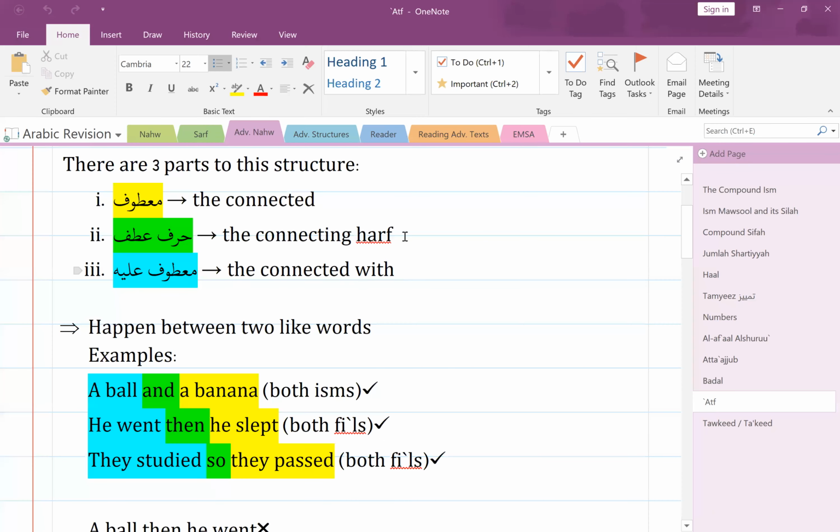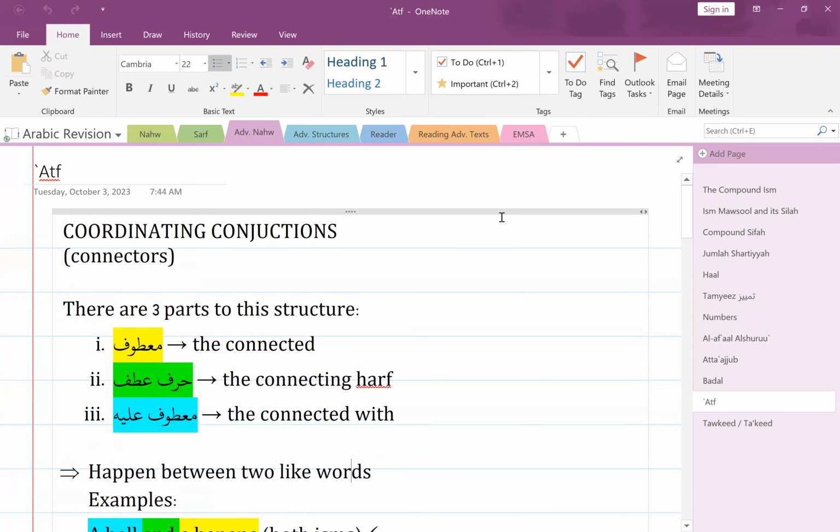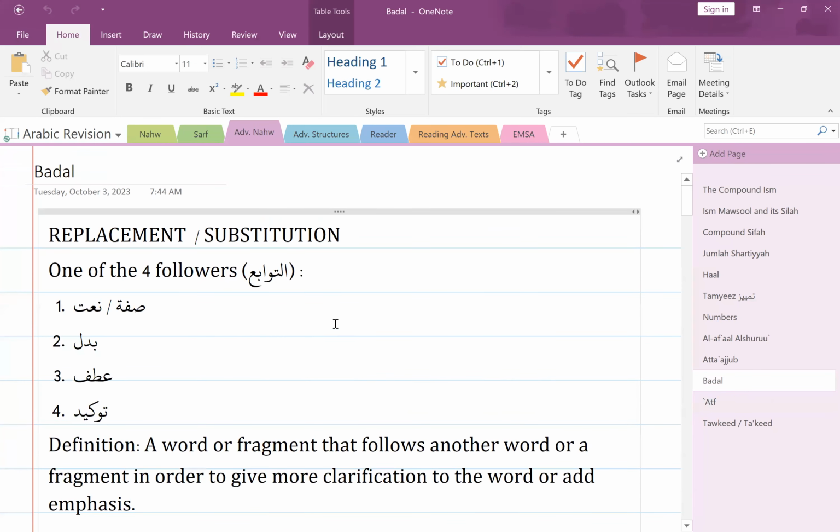Okay. There we go. So this is حروف عطف. Now remember, last week when you did badal, we said badal is one of the four tawabi'. We mentioned sifa, which we already covered a long time ago. Then we did badal yesterday.